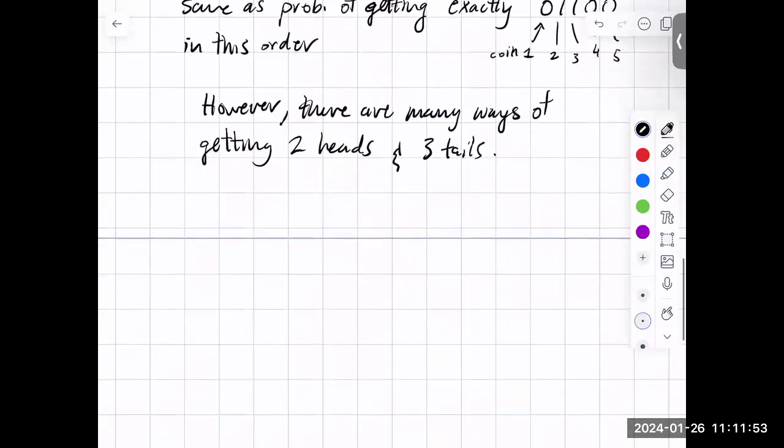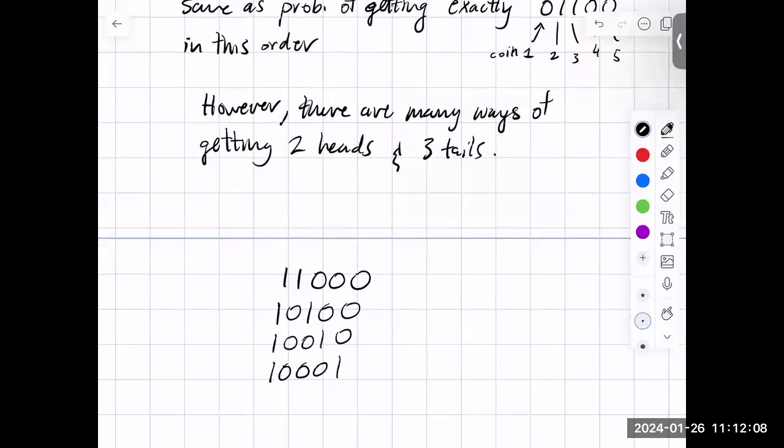Okay, and I mean, it's easy to write down all those ways. We could get head, head, tail, tail, tail. We could get head, tail, tail, and you just keep going, and you could iterate through all the possible ways of getting 2 1s.